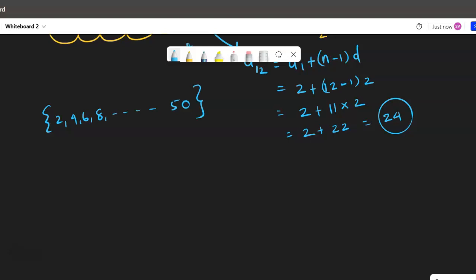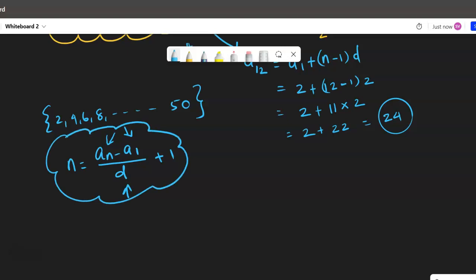For that, you can use the equation n is equal to (an minus a1) divided by d, plus 1. Here an is the last term, a1 is the first term, and d is the common difference. If you know all these three pieces, you can easily find the number of terms of the sequence.